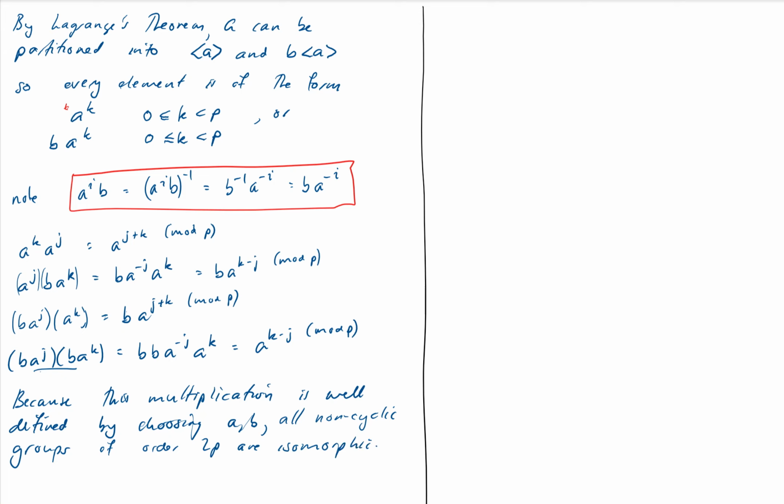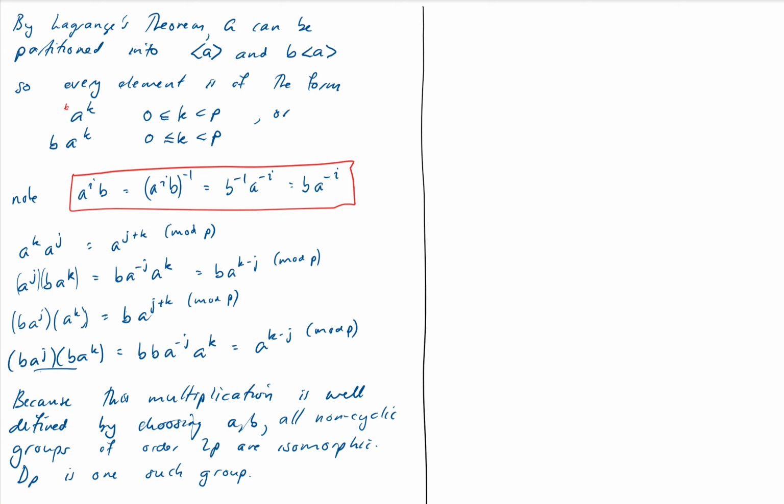And as I've been alluding to, Dp is one such group. Remember, all we have to do is choose an element of order p and an element of order 2, and we can build the multiplication table of the entire group just by doing that. You might do it as an exercise for D4 and see how that works, but it definitely does.